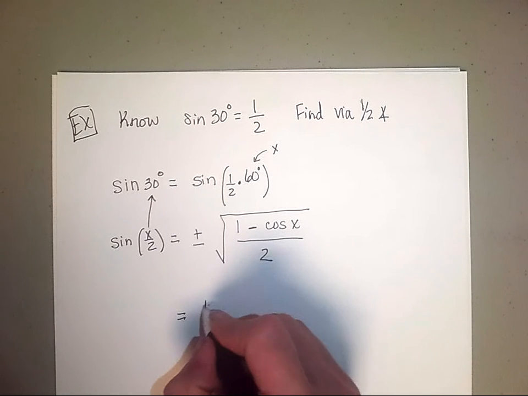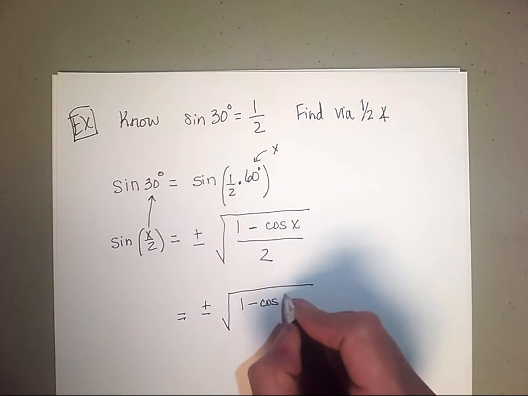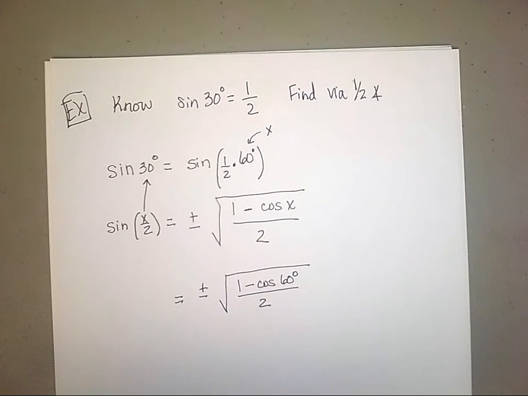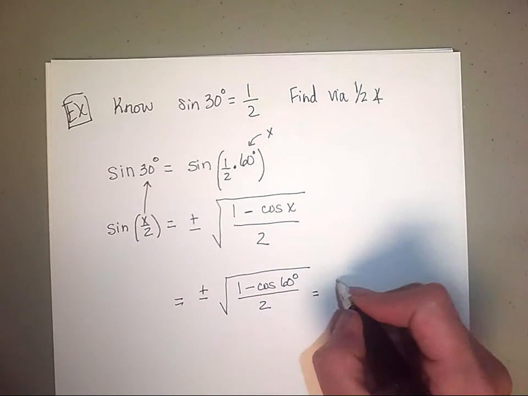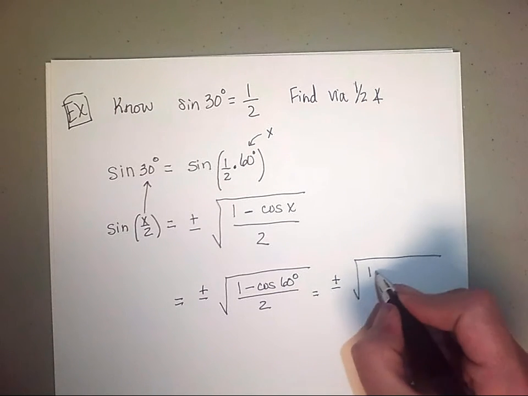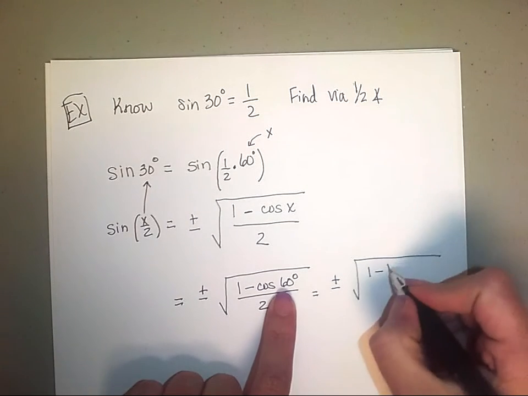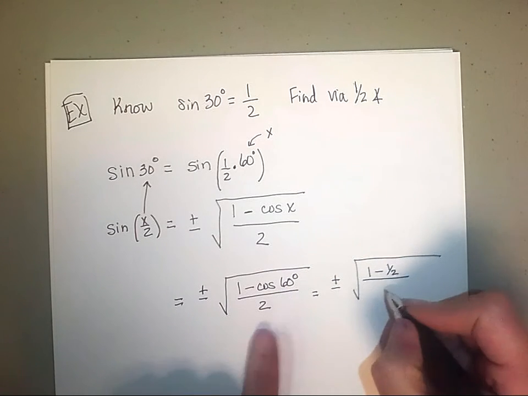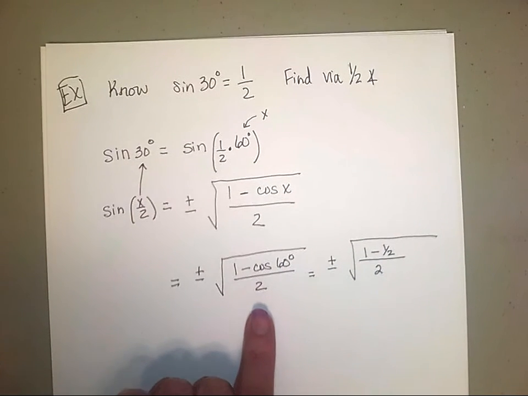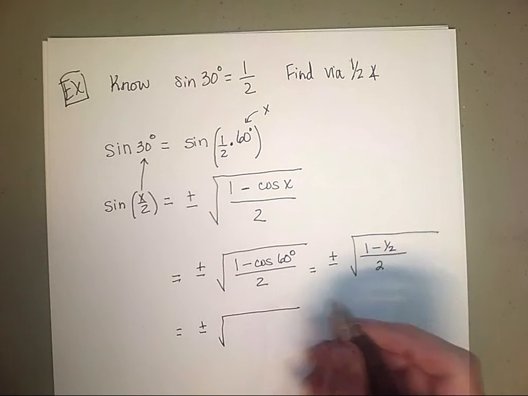Okay. So this is equal to plus or minus the square root of 1 minus the cosine of 60 degrees divided by 2. Well, that's equal to plus or minus the square root of 1 minus, now the cosine of 60 degrees is 1/2, and we divide that by 2. Which is equal to plus or minus the square root.